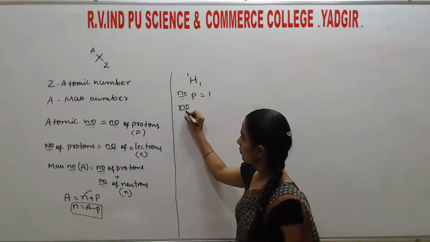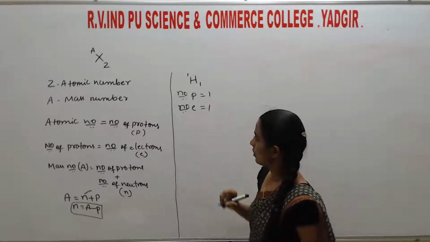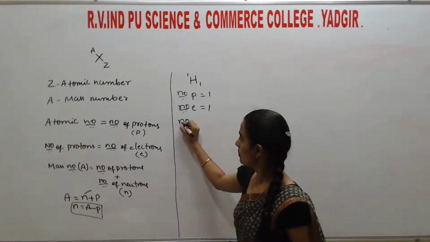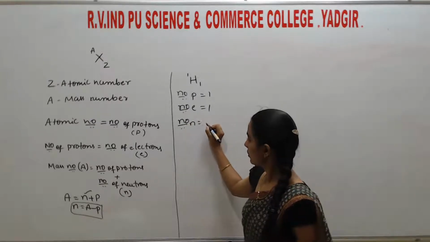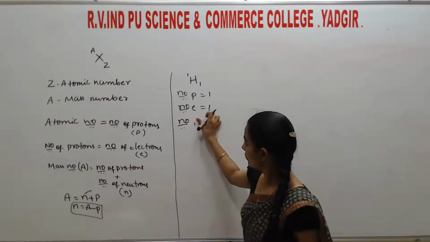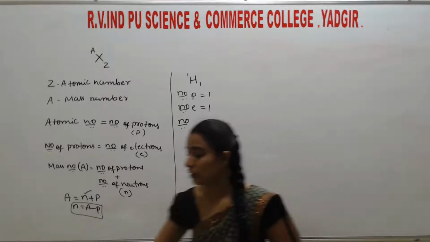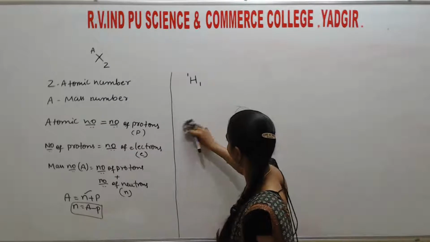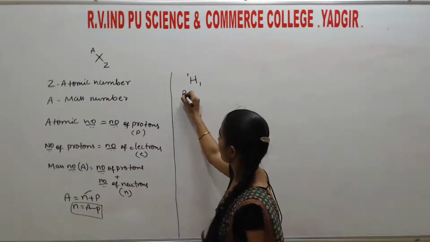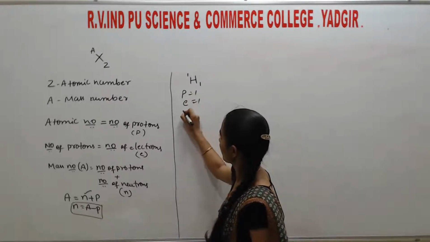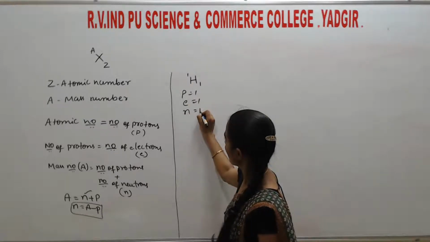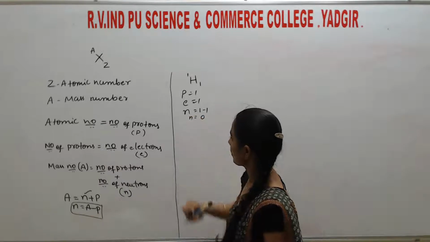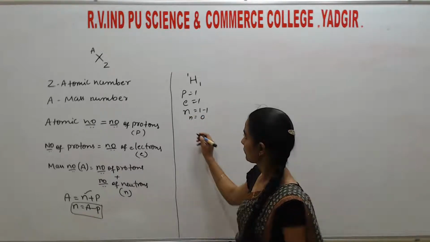So number of electron is also equal to 1. So number of neutron means, directly I will write: proton 1, electron 1, neutron, that is atomic mass minus atomic number, that is 0. Neutron is 0. I hope you understood.